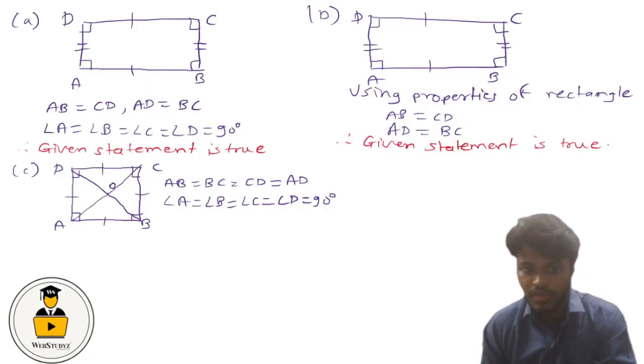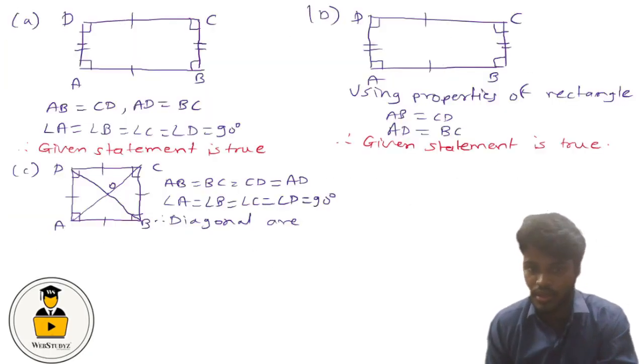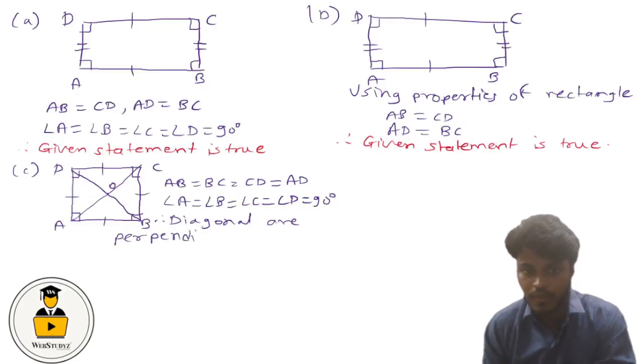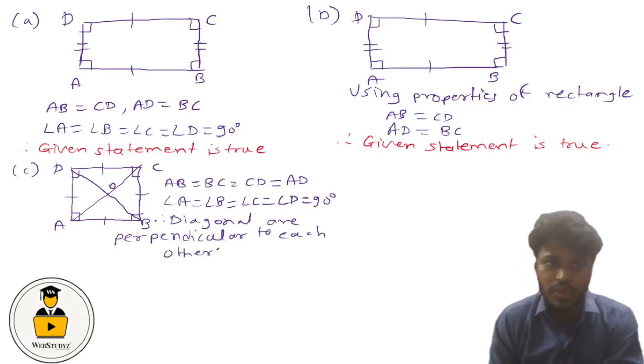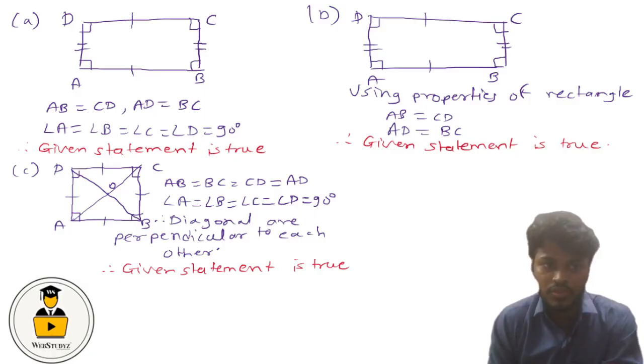So therefore we can say that diagonals are perpendicular to each other. So therefore we can say that this statement is true.